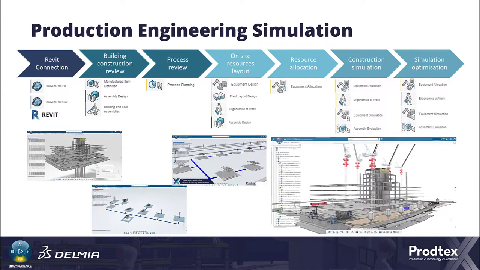Before I talk to you about the nitty-gritty of Delmia and the benefits behind that, just to give you a brief overview of 3D Experience. Some of the key things you need to understand is we're talking about using one source of data. That is a big driver for this, where the latest data is available throughout the business at all times, and there is a data history there if you need it too.